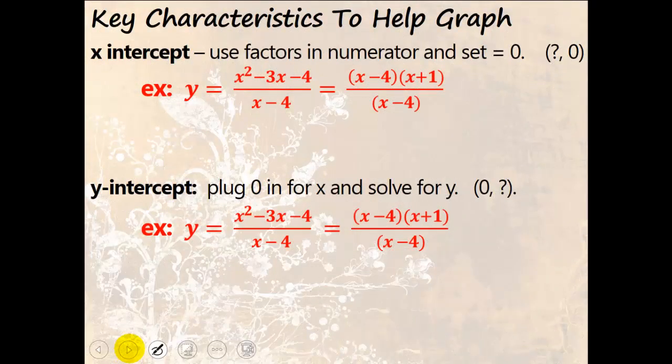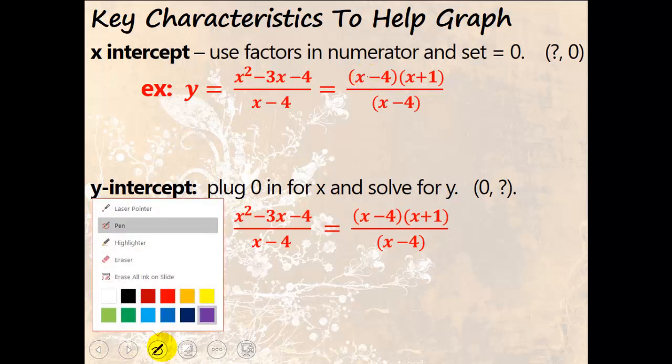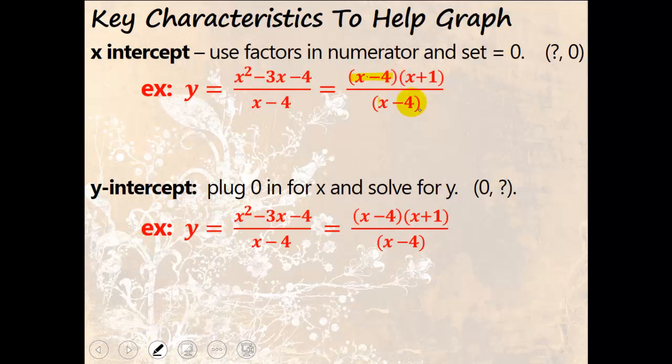So now we're going to talk about finding an x-intercept. You're going to use the factors in the numerator. But here's what you have to be careful of. It cannot have a matching factor in the denominator. Do you see how you have an x minus 4 here and an x minus 4 here? Well, this is saying that x can't equal 4, so there's no way to have an x-intercept at 4.